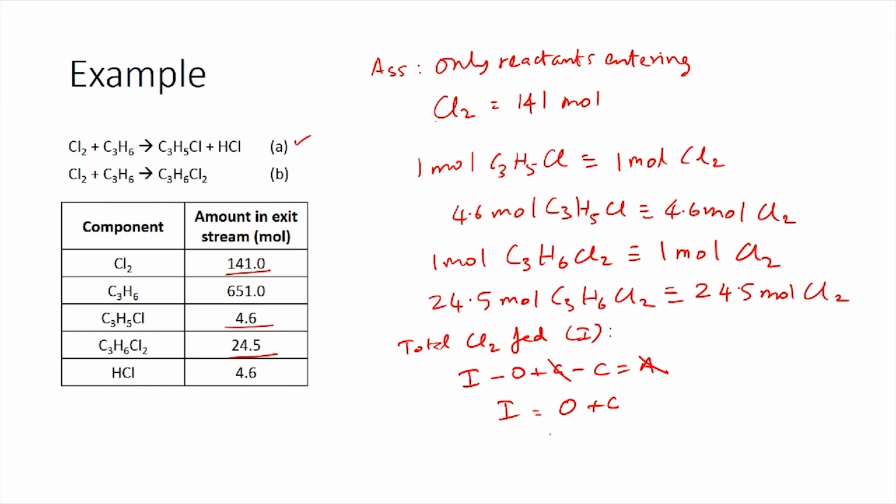So the consumption terms are 24.5 and 4.6, and your output is 141. 141 plus 4.6 plus 24.5 would be the input, giving you a value for the input as 170.1 moles. So this is the number of moles of chlorine which is entering into the system.